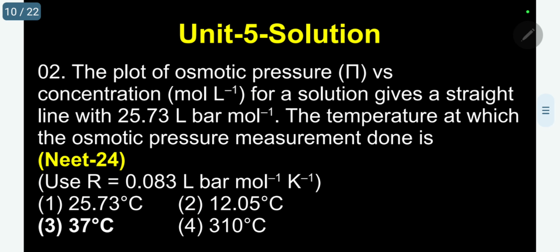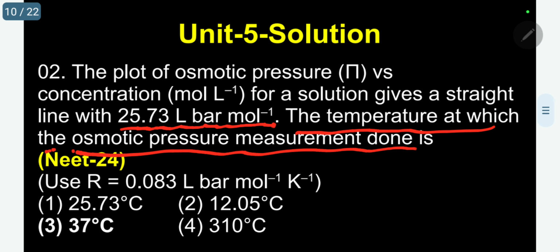Question number 2. This is very interesting. The plot of osmotic pressure versus concentration for a solution gives a straight line with slope 25.73 liter bar per mole. The temperature at which the osmotic pressure measurement was done is? This is the question given.